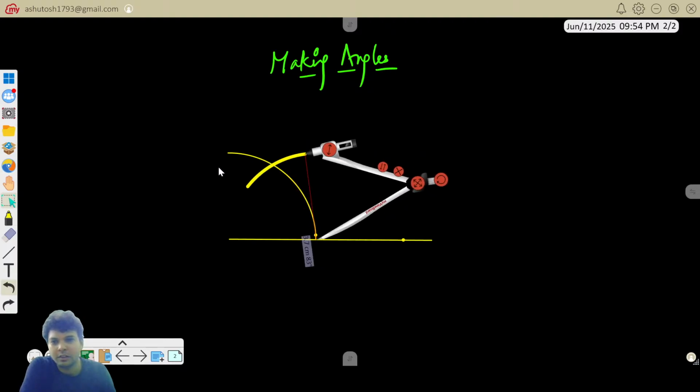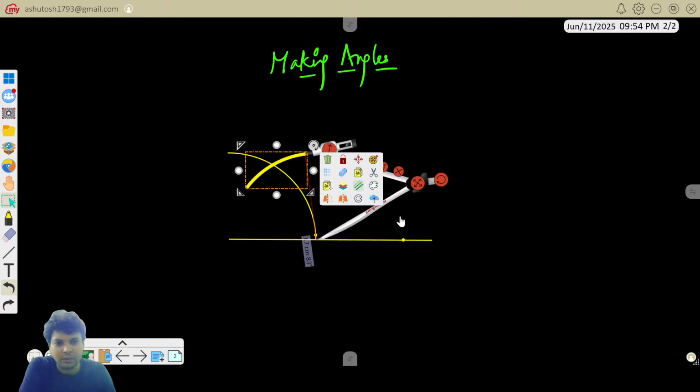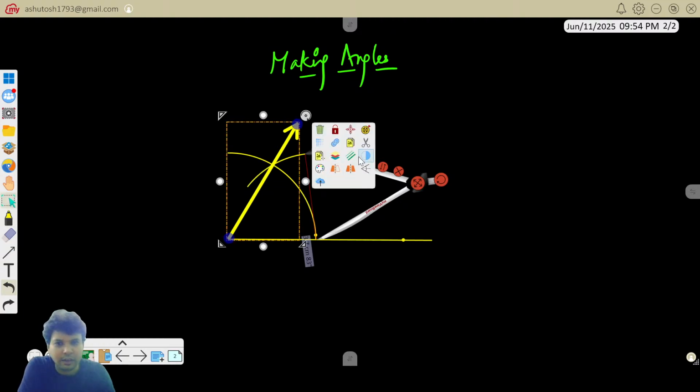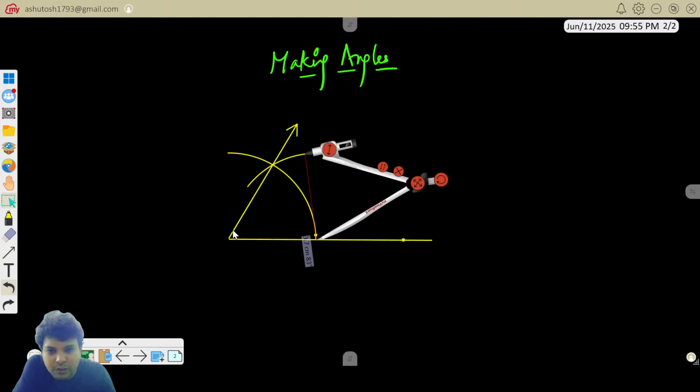Okay, you're not reducing its size, it's the default size. From here, I will make a small line segment that crosses here. This line segment is what is actually required. ठीक है?